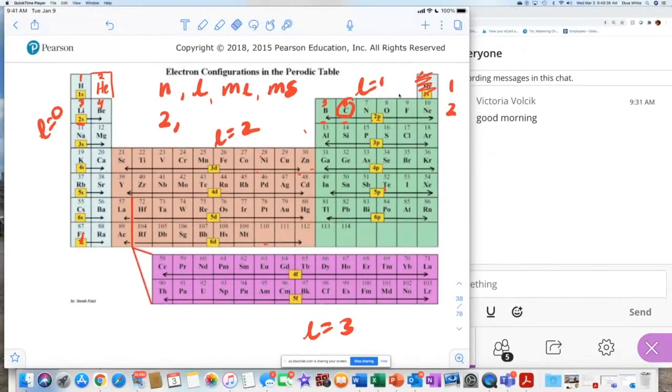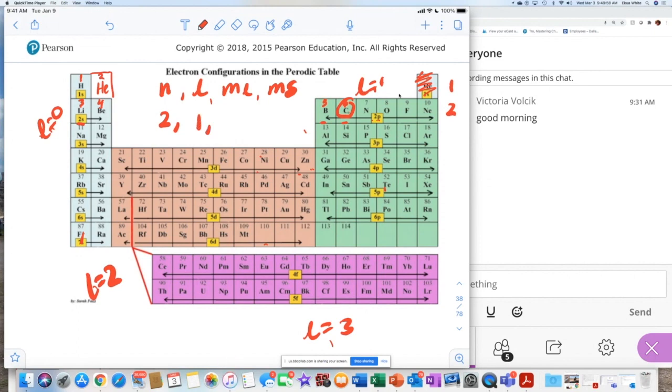Oh, I wrote in the way. For this one here, L is 0, right? Oh, L is 1, sorry. I wrote this in the wrong place. This is L is 1, this is L is 2. By rewriting this, now I've kind of messed up. Yeah, L is 0, L is 1, L is 2, L is 3, right? So for carbon, L is 1, right?